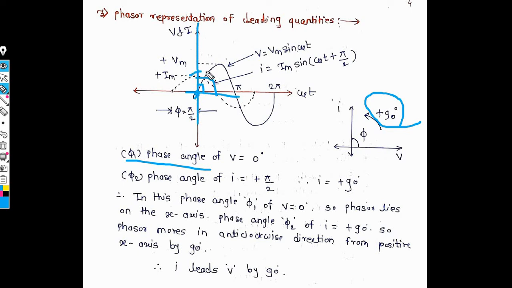We have considered a perpendicular angle for current, that is 90 degrees, so I is pi by 2, that is plus 90. And the current I leads the voltage by 90 degrees. Now this is the concept of phasor representation of leading quantities.